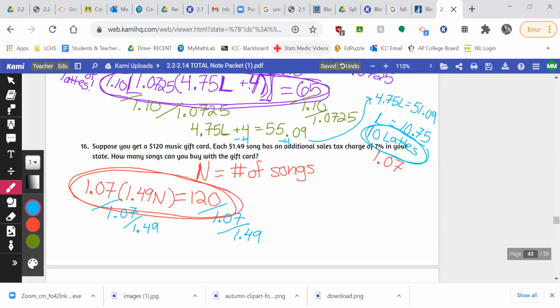So 120 divided by 1.07 divided by 1.49. Oh, I typed it in wrong, sorry. I accidentally hit multiply. And you end up with 75.26, so round down, 75 songs.